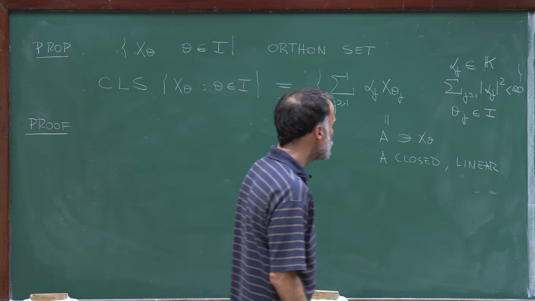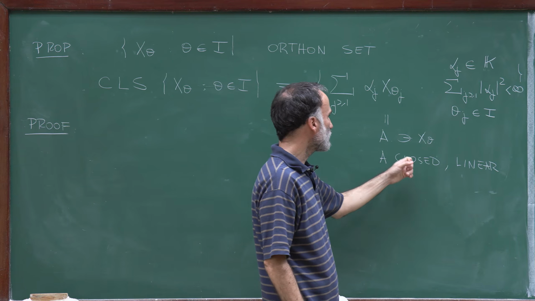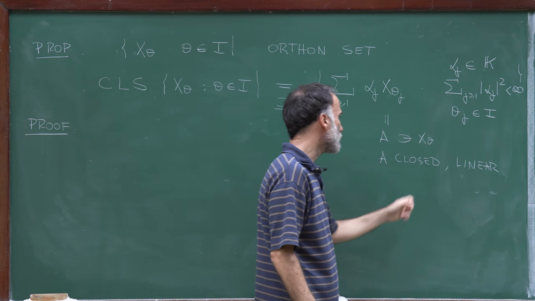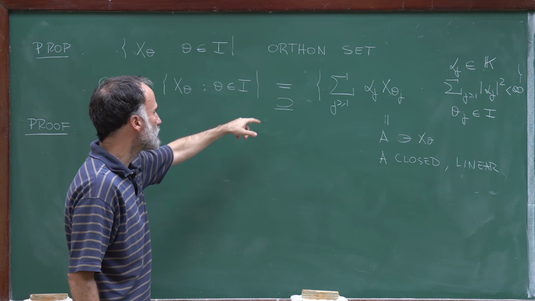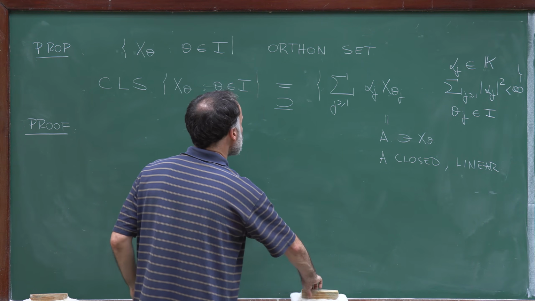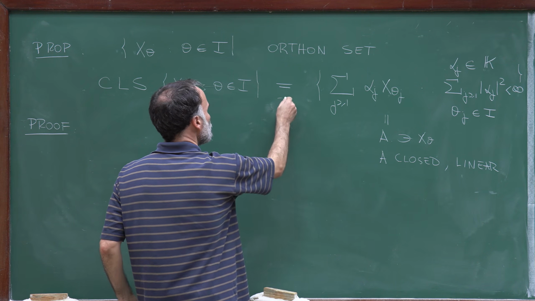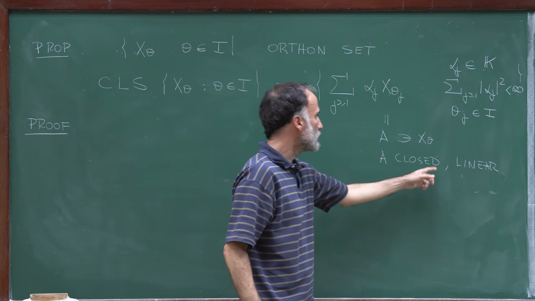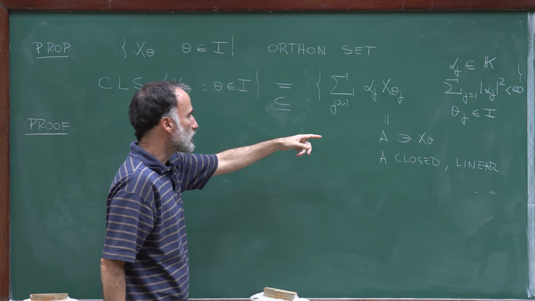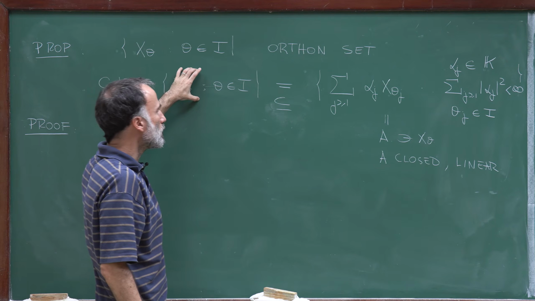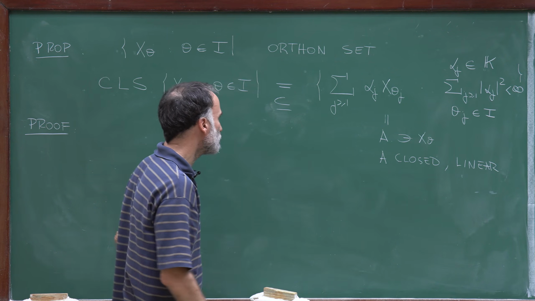So the first thing I will do is to show that A is linear and closed to have this inequality. Sorry, the opposite inequality, right? Since A is linear and closed and contains x theta, and since this is the smallest one, this one is included in that one.